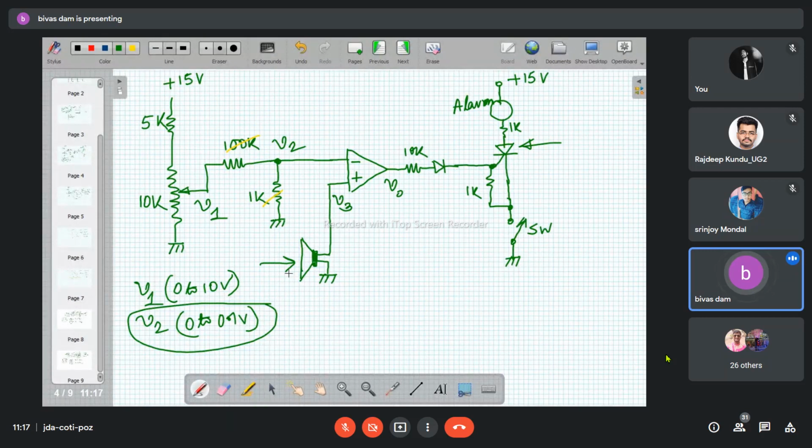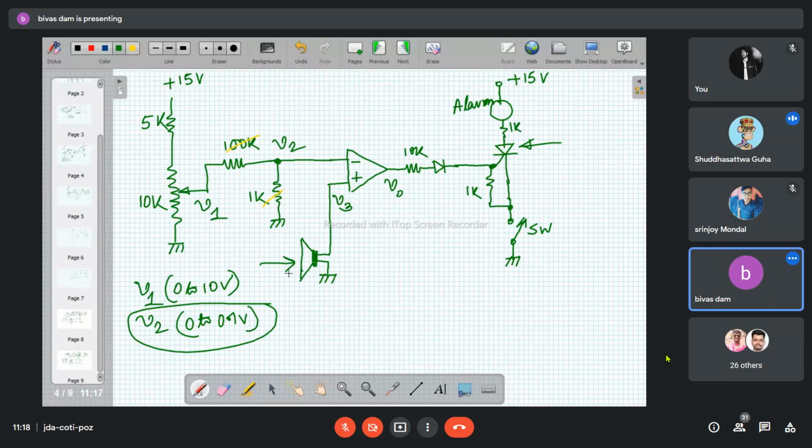In the normal environment, this will be nothing but your noise voltage level, the voltage corresponding to the acoustic noise. At any place you will have certain sound noise. Even if you are not talking, some stray noise is always coming. So this V3 will be the voltage equivalent for that acoustic noise signal.